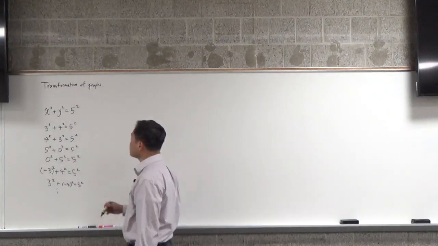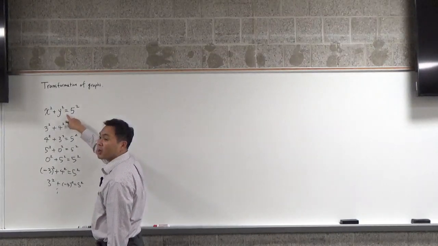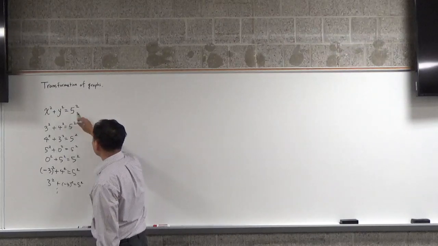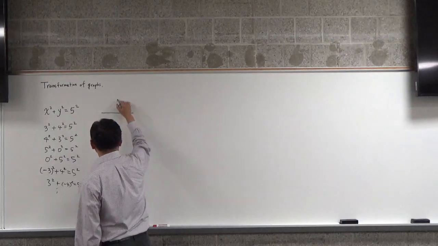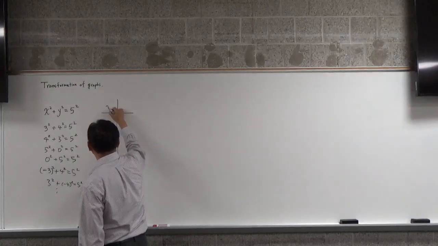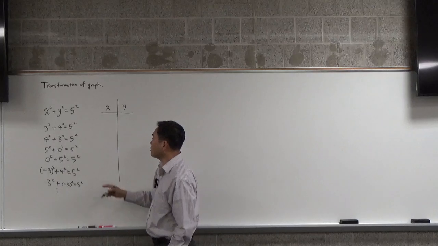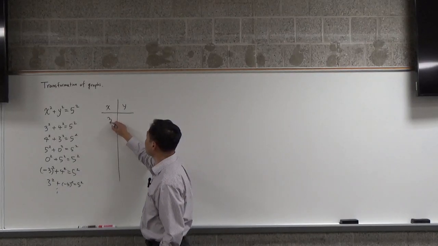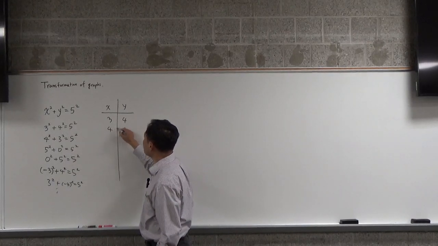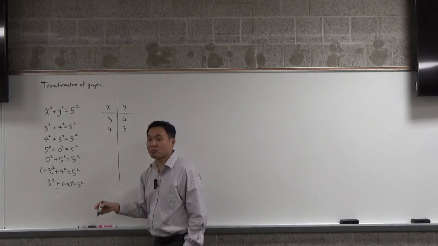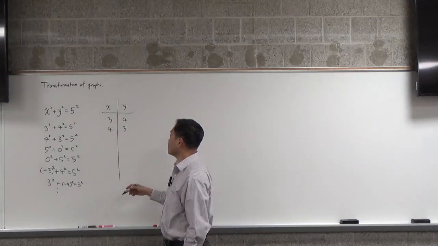So if you were to draw the graph of this equation, you just need to find a pair of numbers that satisfy it. And we just found out that 3 and 4 works, 4, 3 works, and then you can have any combination of the x and y.